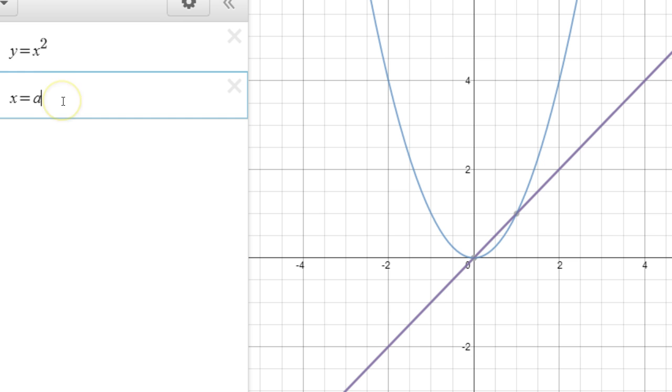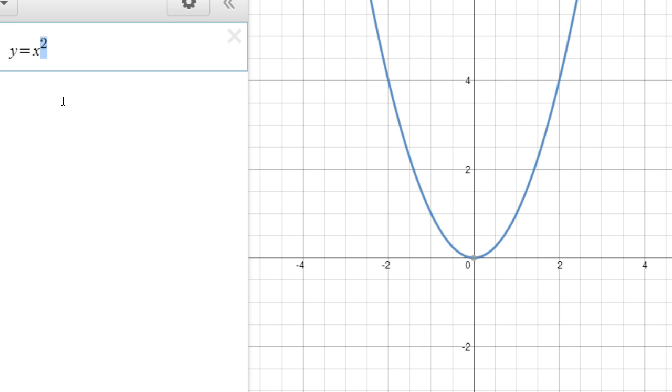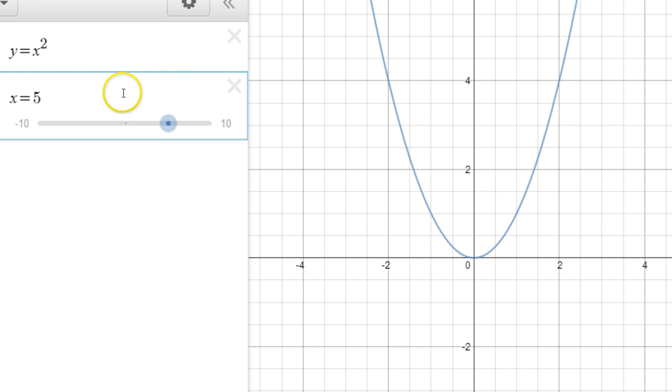Interesting. There we go. Okay, now I got it. Last year they had something different, so I guess over the summer they did something different.